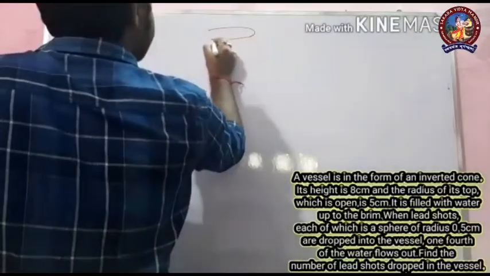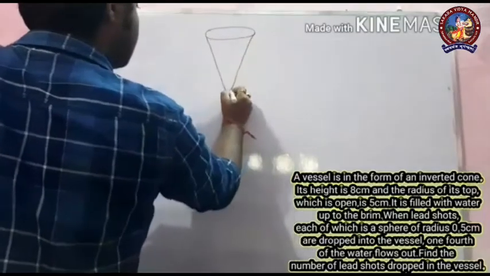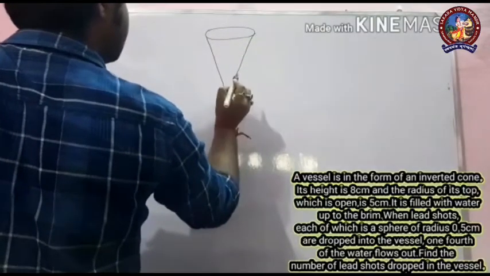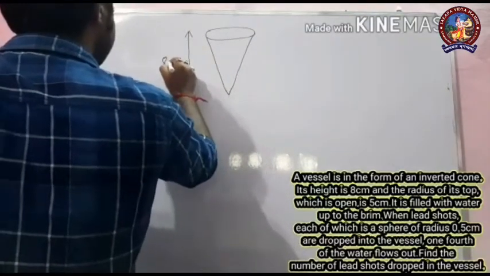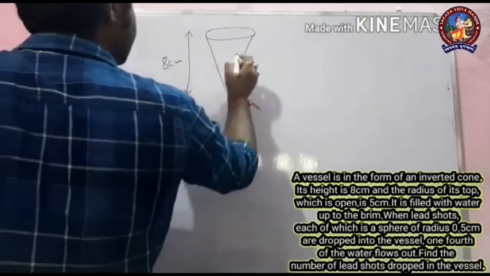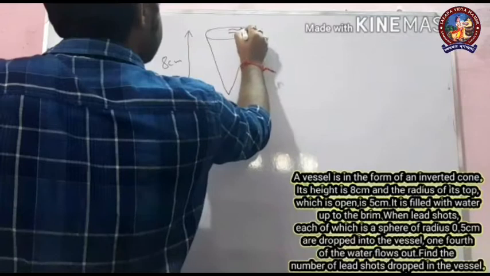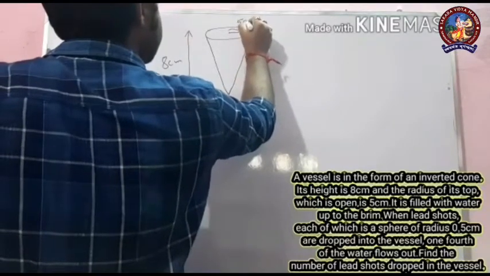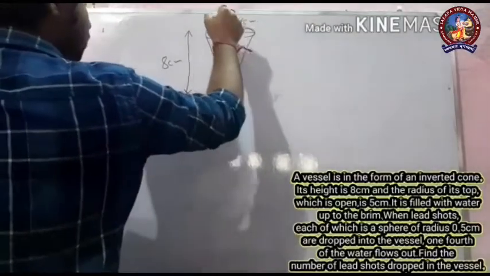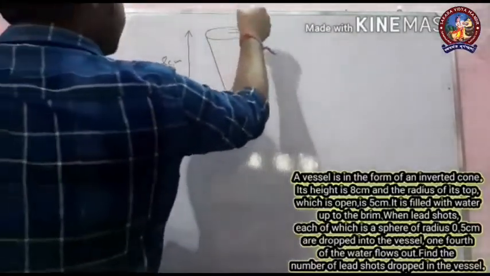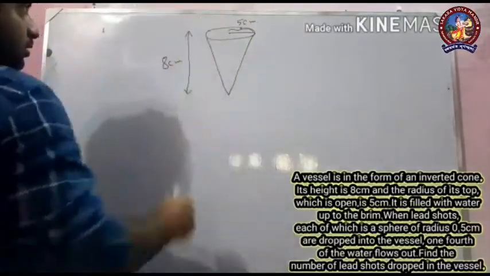They have given that there is an inverted cone whose height is 8 centimeter and radius of its top is 5 centimeter and the top is open. That means we can drop anything here in this cone shaped vessel.